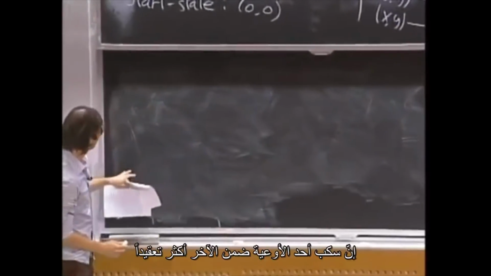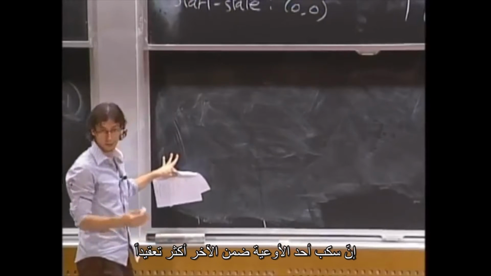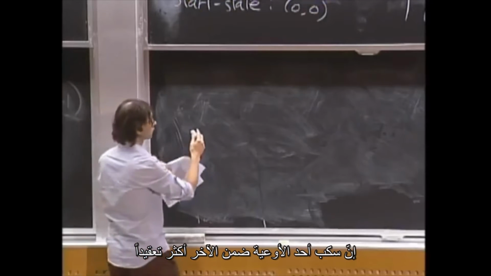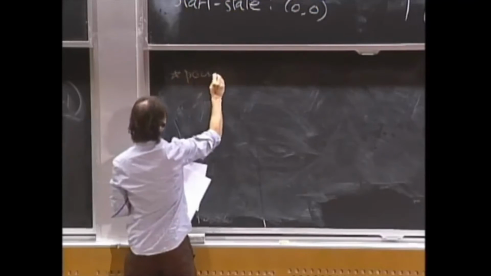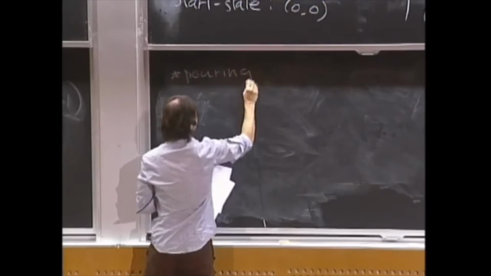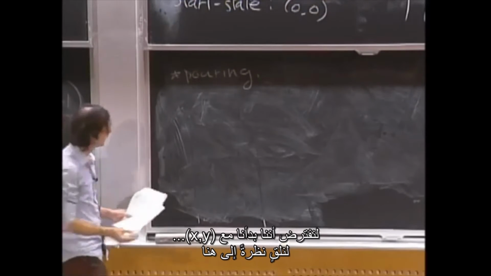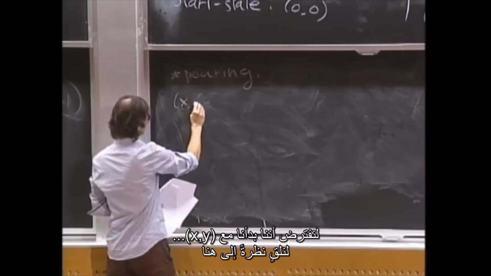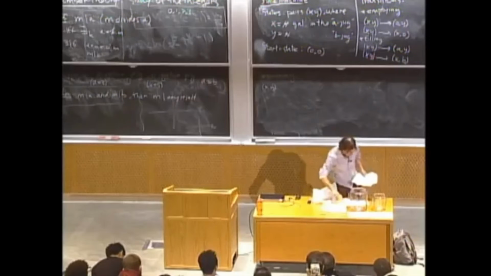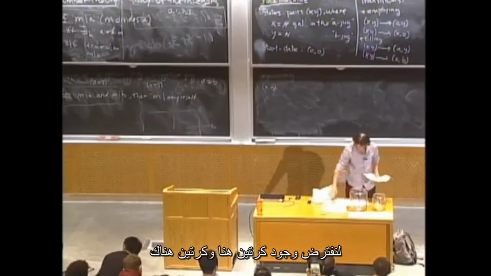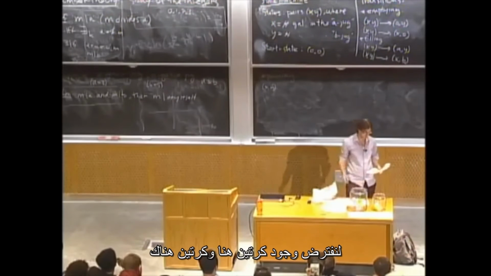And the pouring of one jug into the other is actually a little bit more complex. So let's have a look. So how does pouring work? Well, suppose we start with x and y. I don't know, suppose we have 2 balls in here and 2 balls in here.